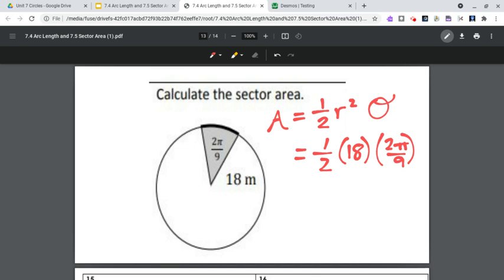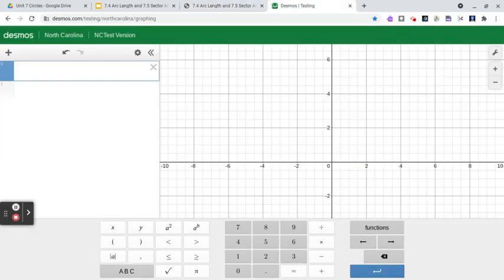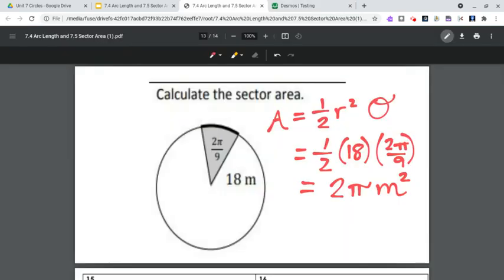1/2 times 18 is 9. 9 times 2/9 is 2. So the area in terms of pi would be 2 pi meters squared. Area is always in units squared. We go to Desmos and we just simply calculate the value of 2 pi rounded to the nearest hundredths, 6.28 meters squared.